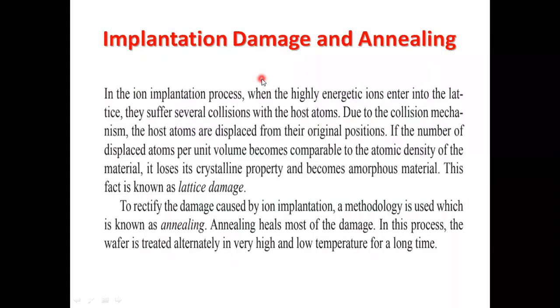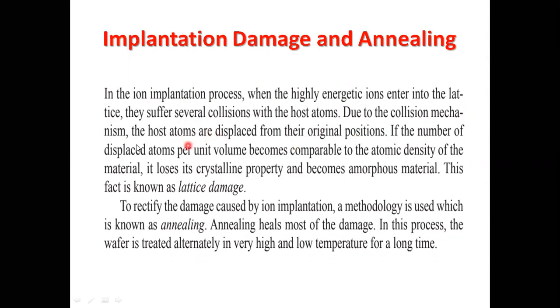So the next topic is ion implantation damage and annealing. In the ion implantation process, when the highly energetic ions enter into the lattice, they suffer several collisions with the host atoms. Due to the collision mechanism, the host atoms are displaced from their original positions.